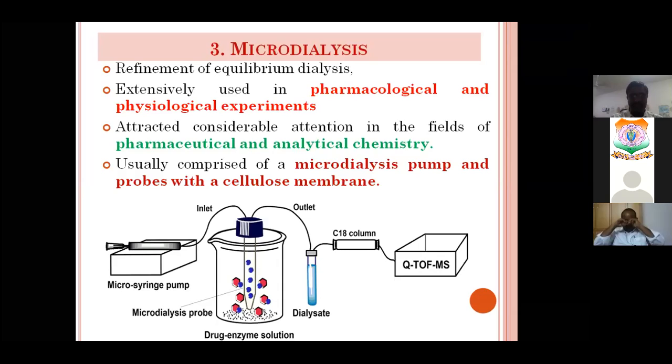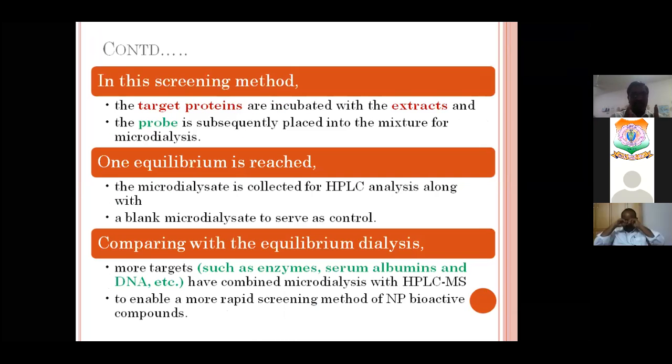What is the basic principle? With one example I am explaining what they are actually doing in this microdialysis screening method. They will take some particular target proteins, it may be an enzyme or a cell membrane or a liposome, anything.